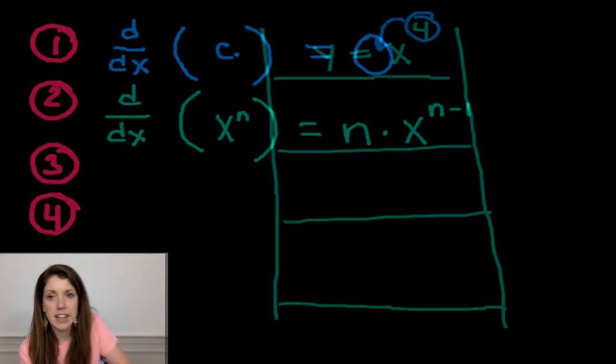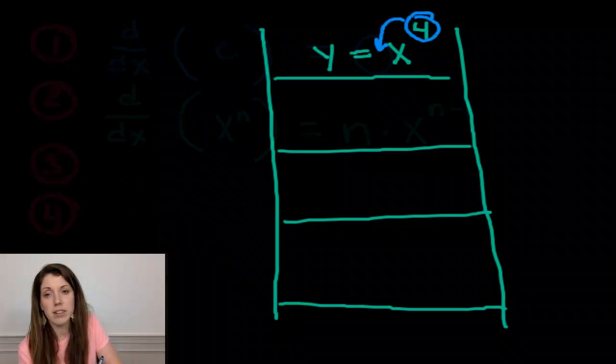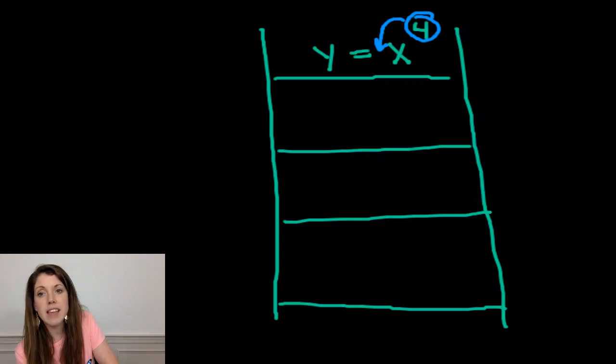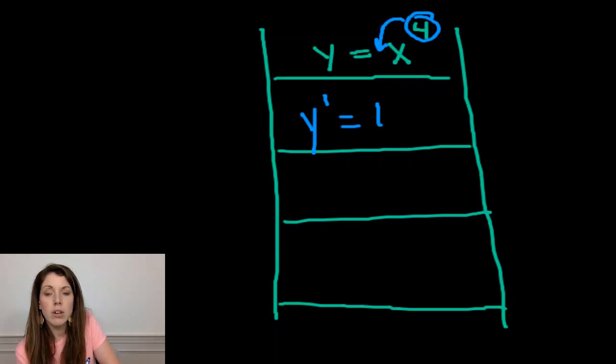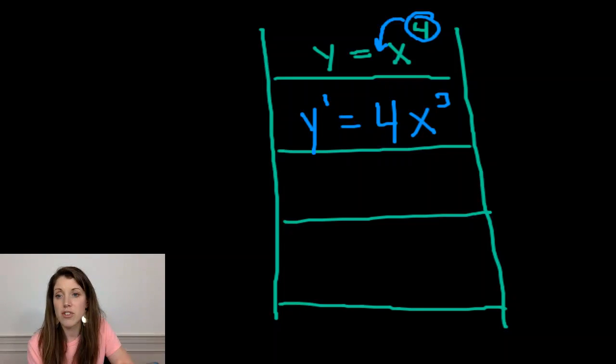Take that number that was in the exponent spot, swing it to the front, turn it into a coefficient, and subtract 1 from the power. In this case, the derivative should just be 4x to the third power. Instead of the fourth power it's the third, and that number 4 swings out to the front.